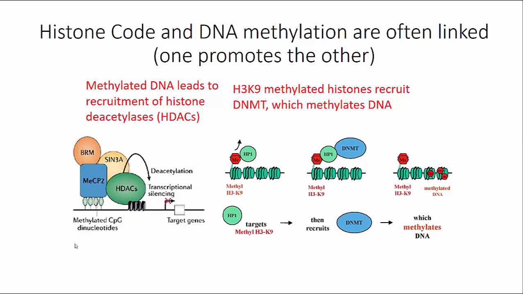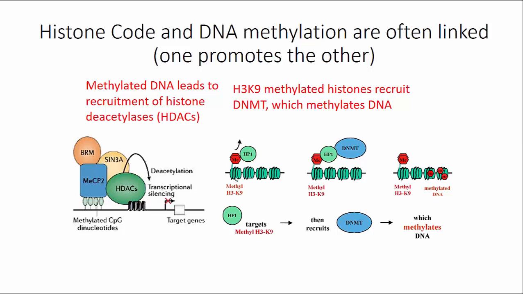So for example, if you get methylated CpGs near a gene, that's going to recruit a particular protein called methyl-CpG binding protein 2, and this then recruits a complex of proteins that includes HDACs, or histone deacetylases. And so the methylation of the DNA also led to a change in the histone code.